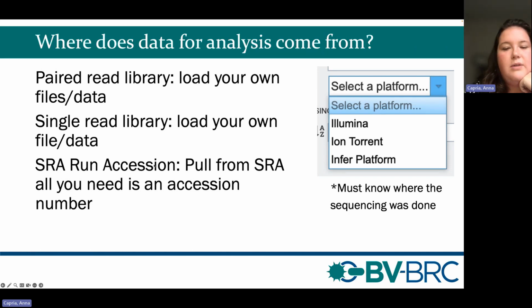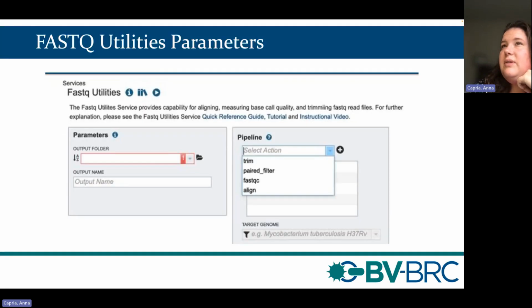So I was preemptive and I already had a slide about this. So with FASTQ utilities, similarly, you will have parameters that you can put in of where it's going to end up, or those pipeline steps that I told you about, but we'll look at those a little bit closer on the site.